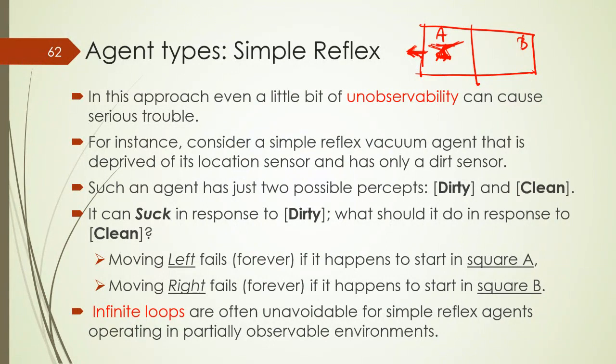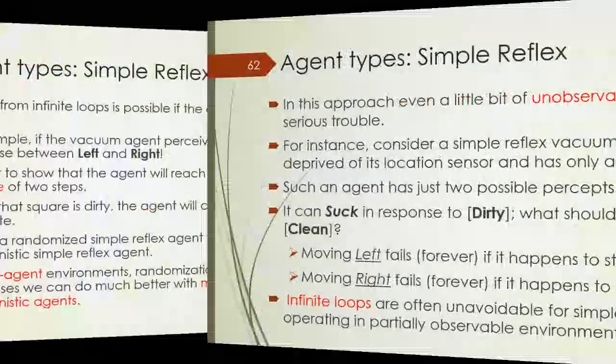Well, this is a very, very simple case, but it's still possible in this sort of agent. If you have unobservability in your environment, your agent is trapped in loops of decision. It cannot make the right decision because it doesn't have full information, a comprehensive understanding of what's going on in the environment.